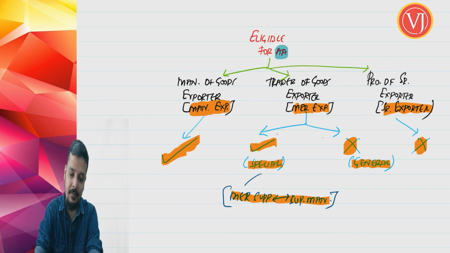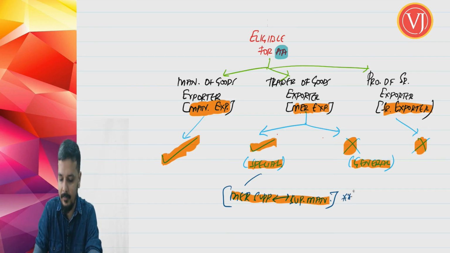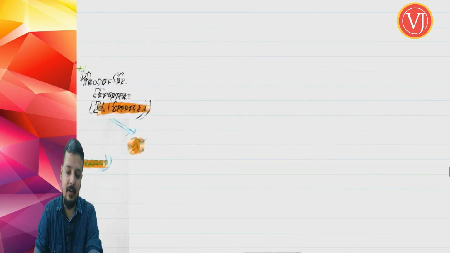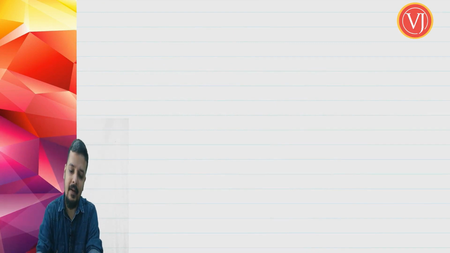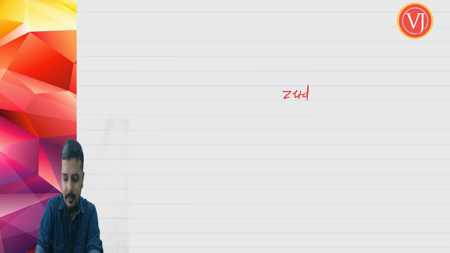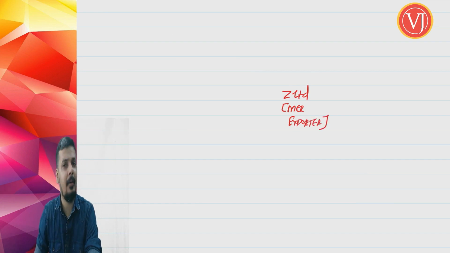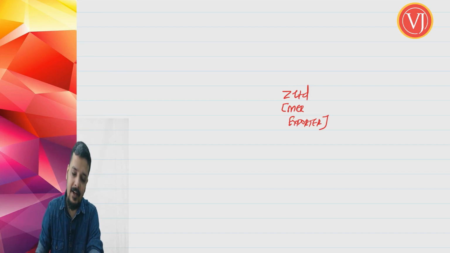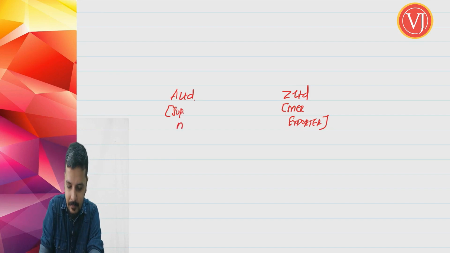Now what does this tie-up with a supporting manufacturer mean, friends? Supposing you are talking about Z Limited, a merchant exporter. Strictly speaking, Z Limited cannot apply for advance authorization, but Z Limited is tied up with A Limited, a supporting manufacturer.